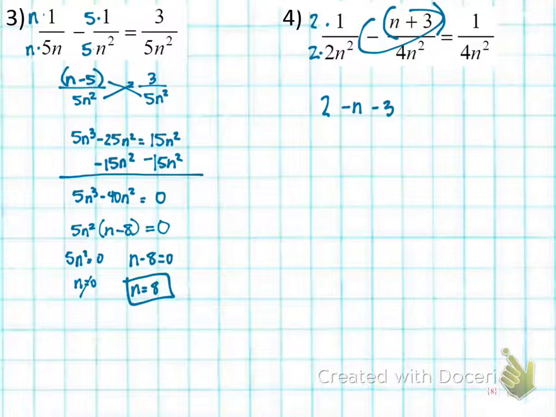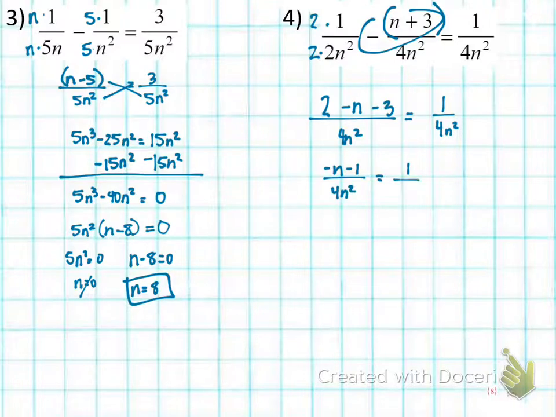Okay. All over 4n squared, which is equal to 1 over 4n squared. Okay. Now looking here, we got 2 minus 3 is going to be negative 1, so we got negative n minus 1 over 4n squared, all equal to 1 over 4n squared.